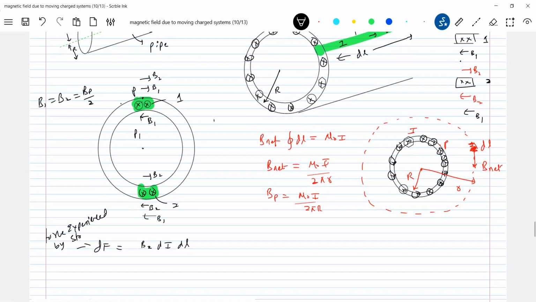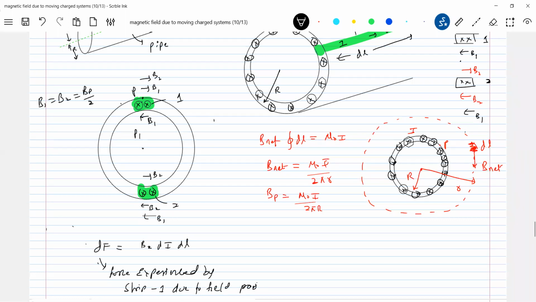I'll write in detail. If you are able to write this, the rest is all very easy.